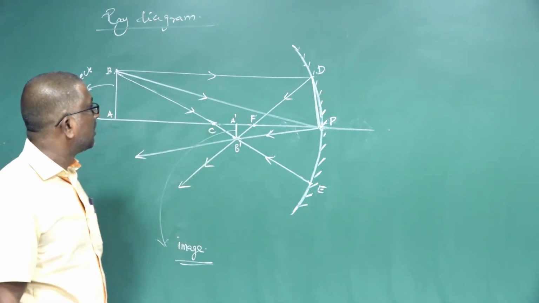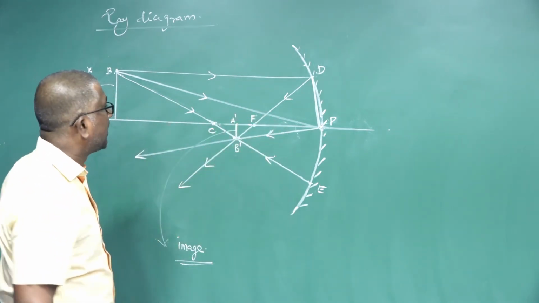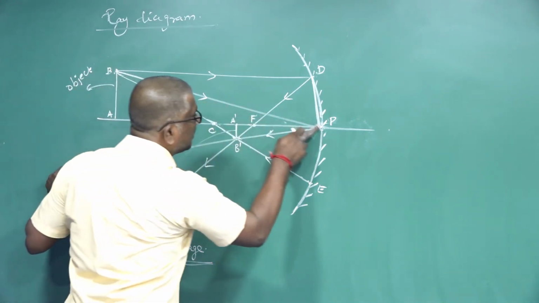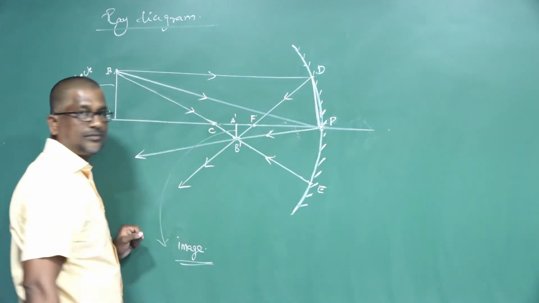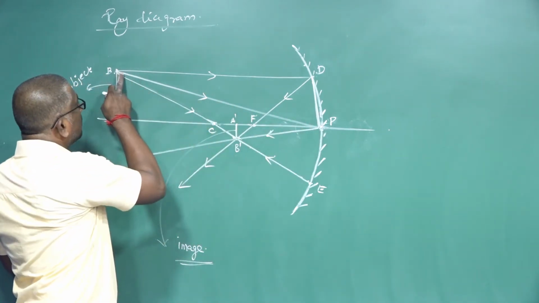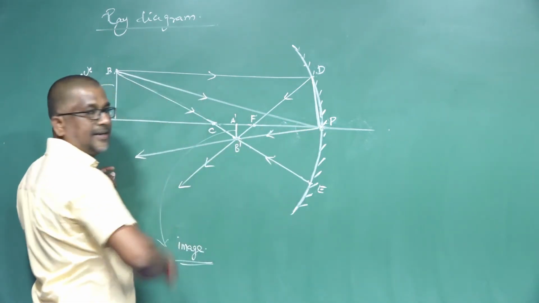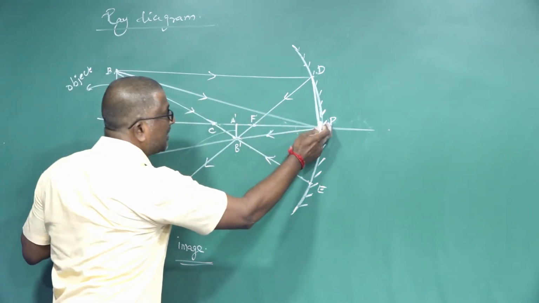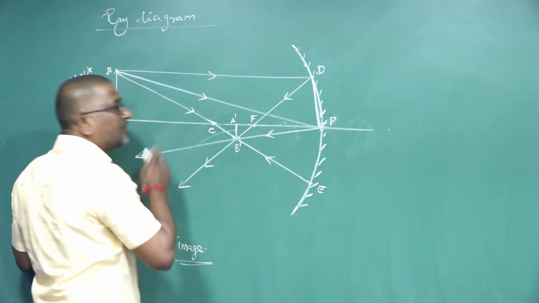So in this ray diagram, we consider one of the paraxial rays, that is BP. This is the incident paraxial ray and this is the reflected ray. We consider BP as the incident ray and PB dash as the reflected ray.